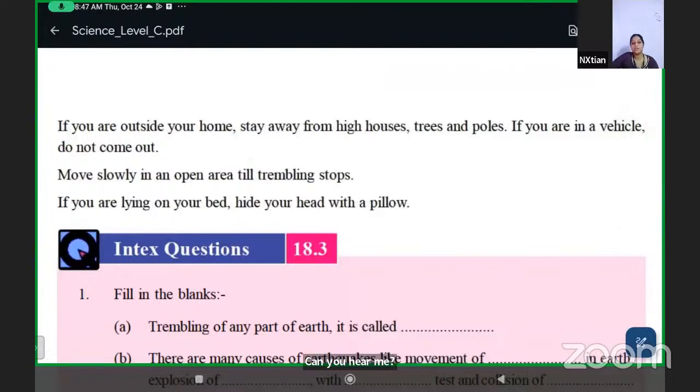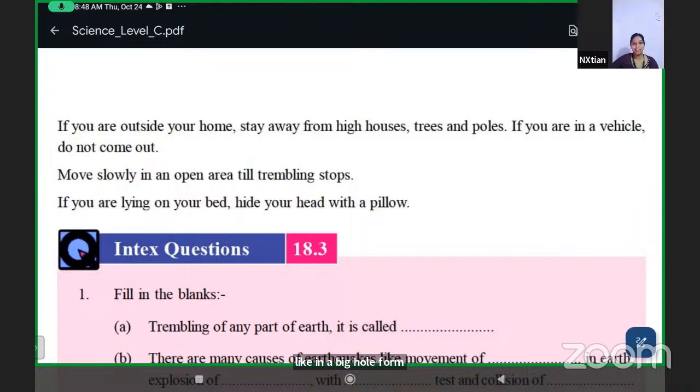So now the main thing that happens in an earthquake is the vibrations. The vibrations of the land are the main thing. Along with that vibration, at some places the land cracks open, but it won't open like a big hole where the building goes inside it.